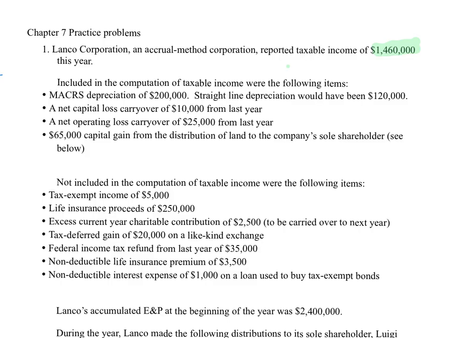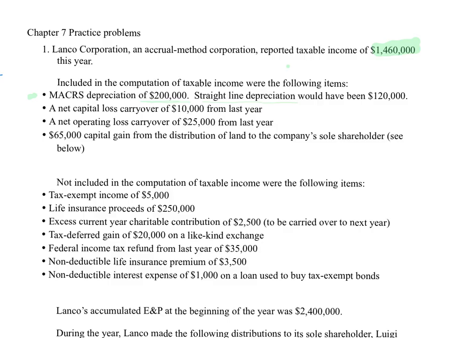So where is a common source of adjustment? Well, depreciation is a common source of adjustment. And what do we have? We've got $200,000 of MACRS depreciation, so that's tax depreciation, all right? And then we have straight line depreciation, so that's our earnings and profits depreciation, right?